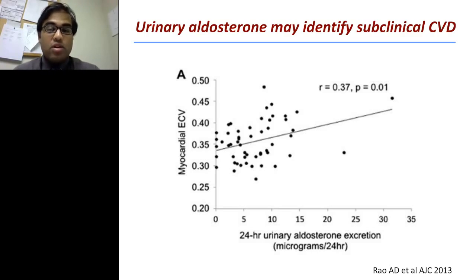Now, the R statistic may not be robust here, because clearly we know that there are many other things that go into the variability of fibrosis in a particular human, but still pretty important to note that there was a statistically significant correlation of this biomarker.